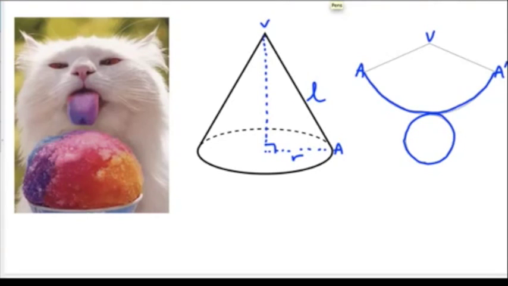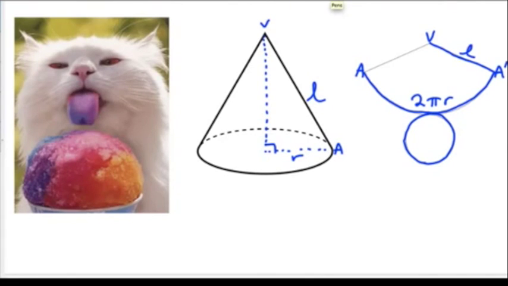Okay, so the arc, which is from A to A prime, is known as the circumference of the base of the cone. So that means it's 2 pi r, which makes sense because it has to fit around the circle directly below it. And what about the length from V to A?